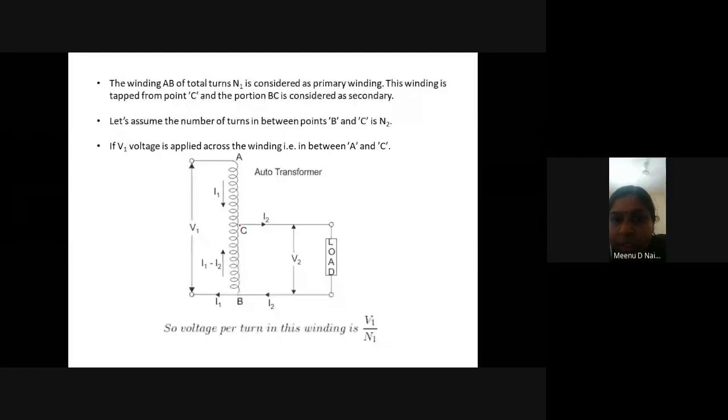It is breaking, it is not continuous. I think I have some issues with my internet.